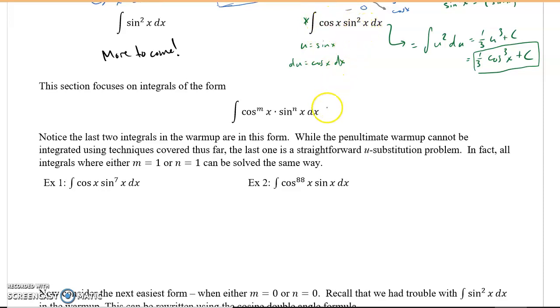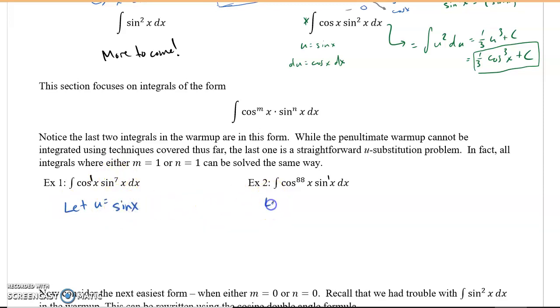But the one on the bottom right here, cosine of x sine squared of x, we can deal with a lot of different integrals that look a lot like that, as long as we have either cosine or sine raised to the first power. Then we can let u equal the other one. So for example, here we're going to let u equal not sine to the 7th of x, but just sine of x.